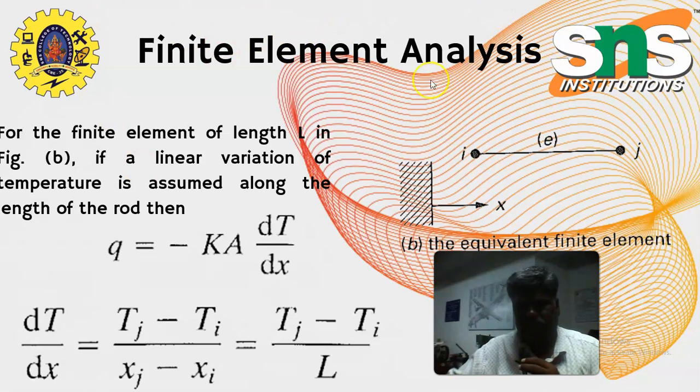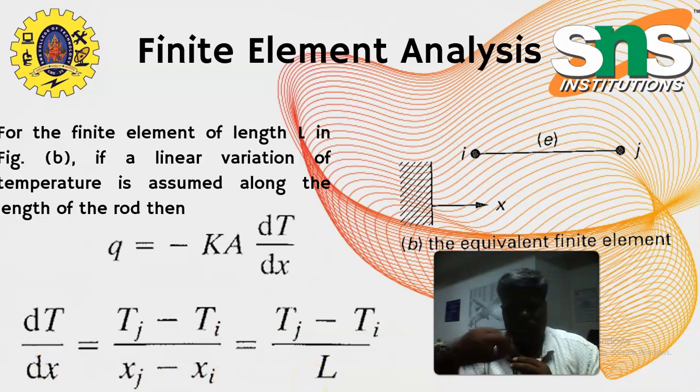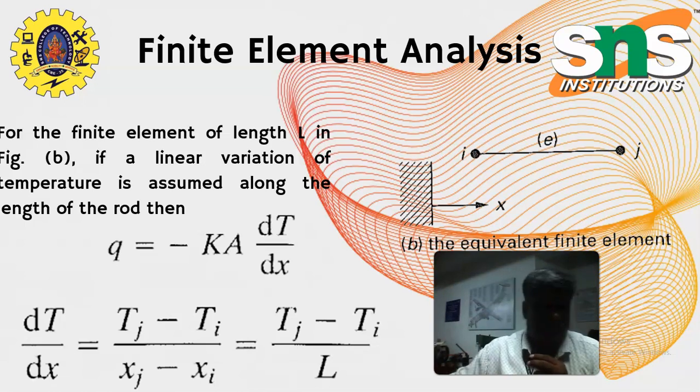The figure indicates the element E, and I and J indicate nodal points 1 and 2. Applying Fourier's law, the temperature variation over dx, which is xj minus xi, equals L. From that we form an equation for the temperature difference and length along the rod.